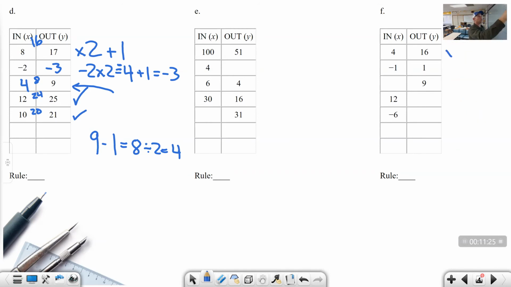No. Multiply by 4? No, doesn't work here. Okay, what about this one? Multiply by negative 1 to get this one? No, that doesn't work. What if I gave you this? How about 5 and 25? How about 7 and 49? Did those help you see the rule? Hopefully they did. Go ahead and complete E and F.